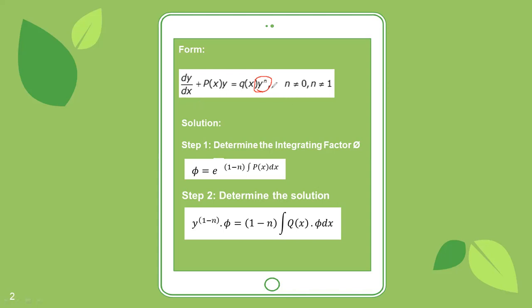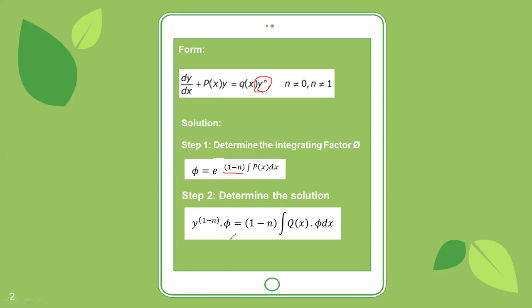So the only difference between the linear and the Bernoulli's equation is this y raised to n that is being multiplied to the q of x expression on the right side of your DE. Now, in terms of the formula, also very similar. There's only an added thing for Bernoulli's equation. In the integrating factor, you have 1 minus n as a constant being multiplied to the integral of p of x dx in the exponential expression. So the first step is to determine the integrating factor.